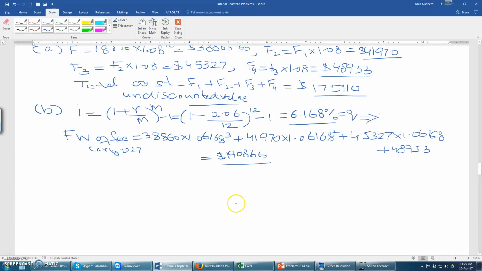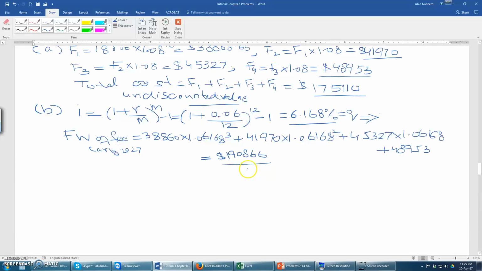Now we will assume that the monthly savings which we need to accumulate will be made till the start of 2027. That is for 13 years, because we are going to start from 2014 and go till the start of 2027, that means till the end of 2026.